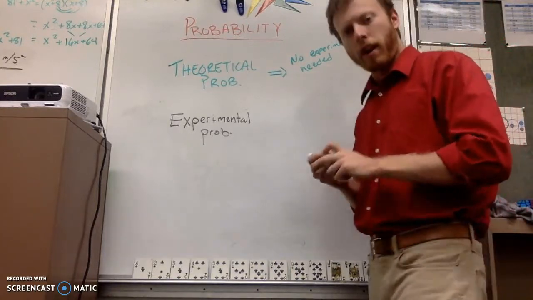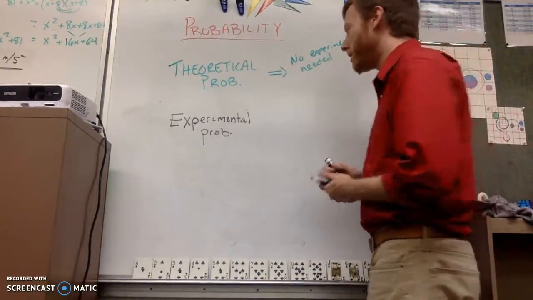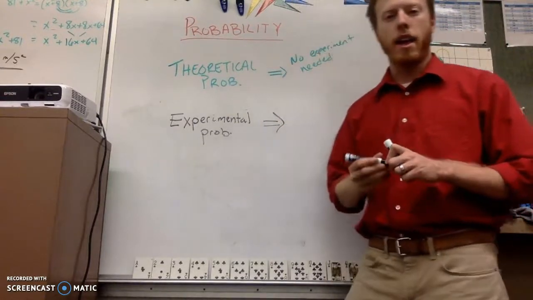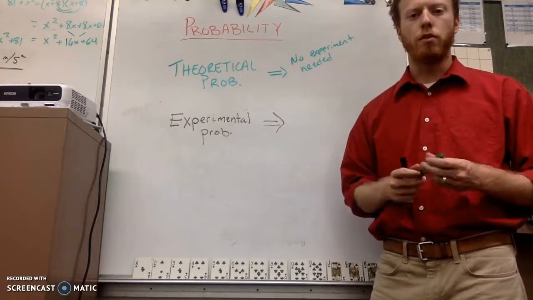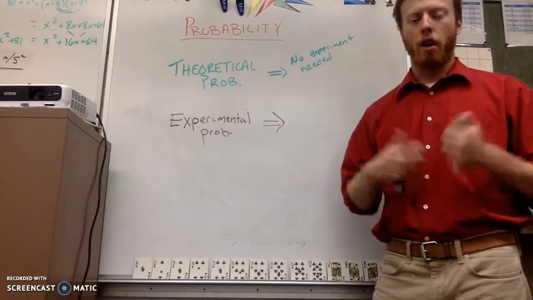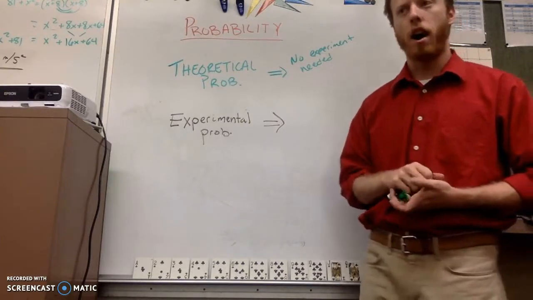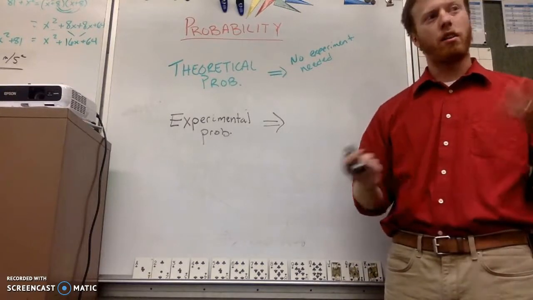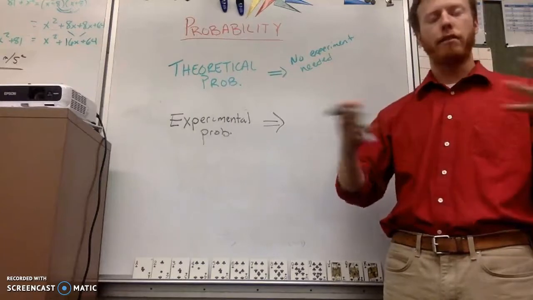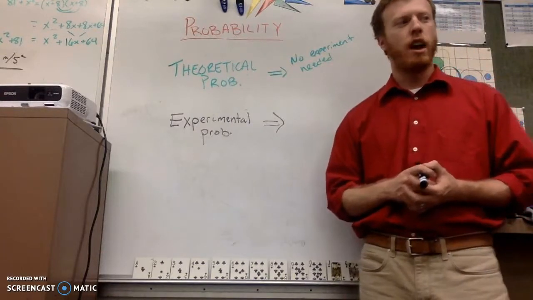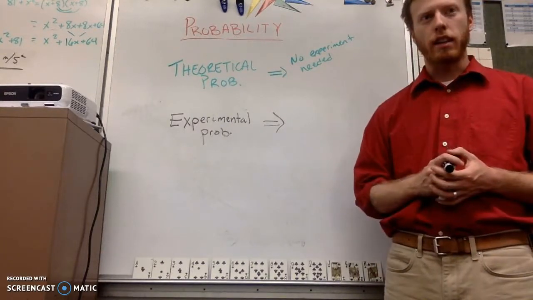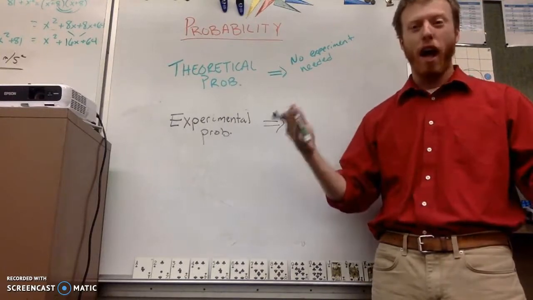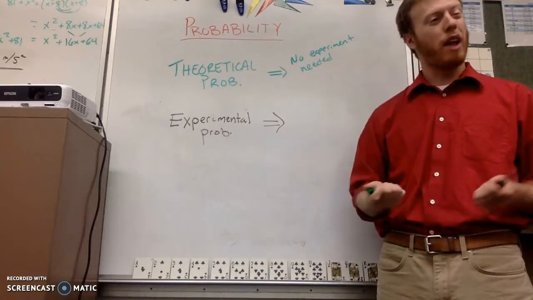So contrast that to an experimental probability. Let's say I wanted to know the probability that a student wears something red that day. There's no way for me to know, unless every outfit is equally likely to be worn in a given day, and I happen to know every single piece of wardrobe they would have.